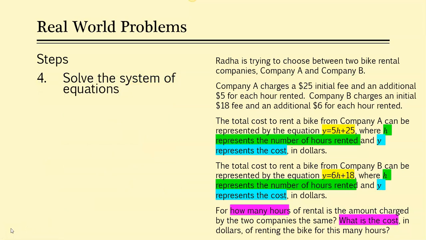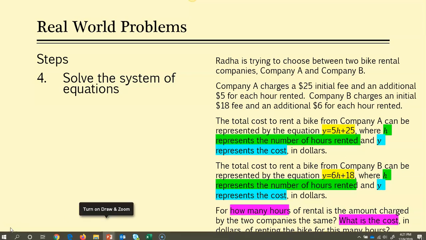When I go to solve my system of equations, I need to write out my 2 equations. Previously, this was already done for you, but now we're going to do it. My first equation says y equals 5h plus 25. And my second equation says y equals 6h plus 18.